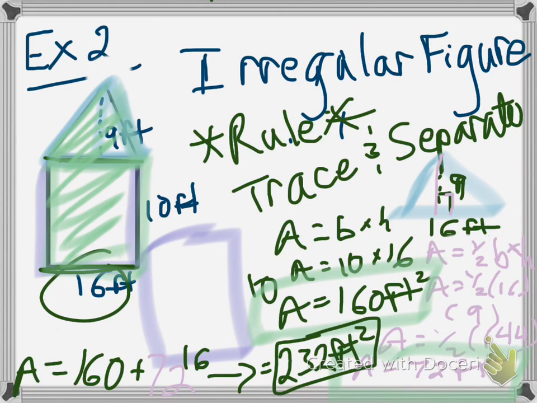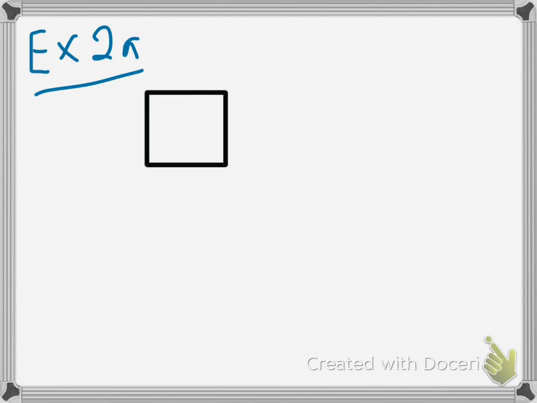Alright, pause if you have a question and ask Miss Wall. Otherwise, I'm going to have you go ahead and do an example on your own. Alright, so this is example 2A. You are going to be given a square with a triangle on the side.